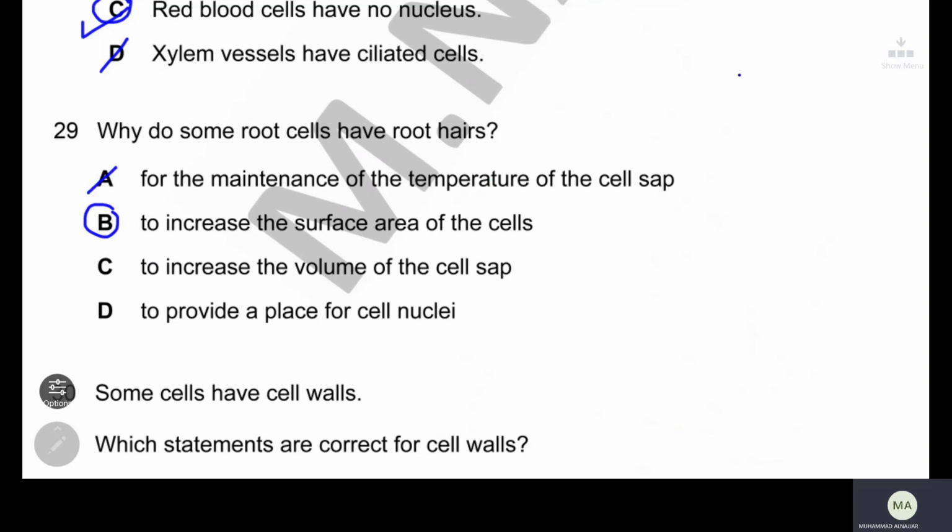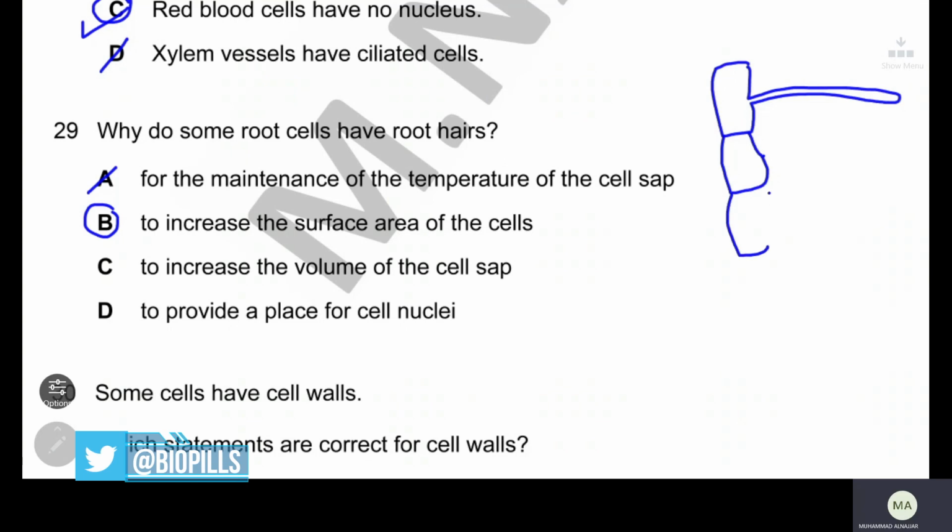Why? Because the root hair cells are the epidermis of the roots, and the root hairs are an extension from it. If we just make an assumption, drawing a normal cell with no root hair, and another cell with a root hair, like this, it is very obvious that the normal cell will have a smaller surface area in comparison to those that have a root hair.